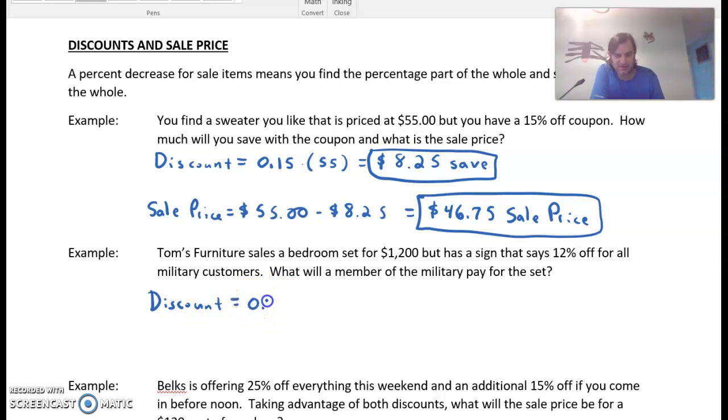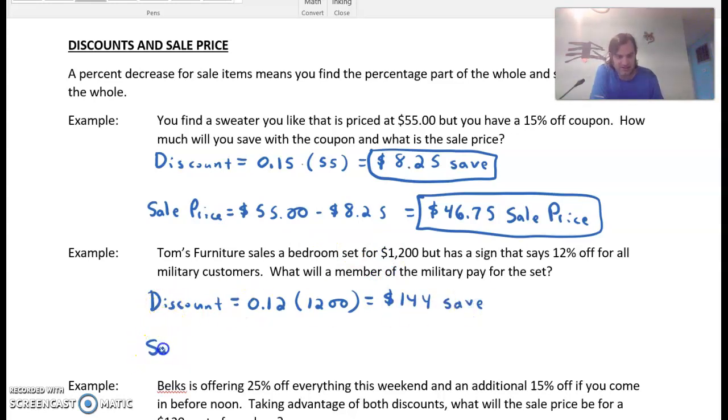So we write 12% as 0.12, moving that decimal 2 places or dividing by 100, times 1,200. 0.12 times 1,200 is giving me $144. So that's how much this person is going to save.